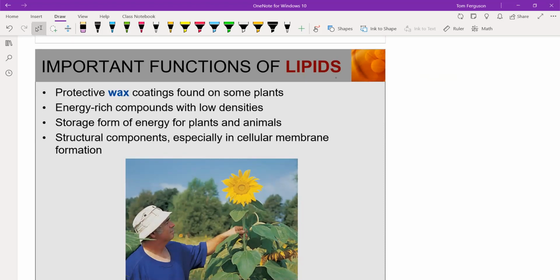Most of you have a pretty good handle on lipids in our world in terms of what they're used for: energy sources, and formation of cell membranes. Cell membranes are how the body can separate one aqueous reaction from another aqueous reaction by putting a non-polar barrier in between those two, and that's called a membrane.